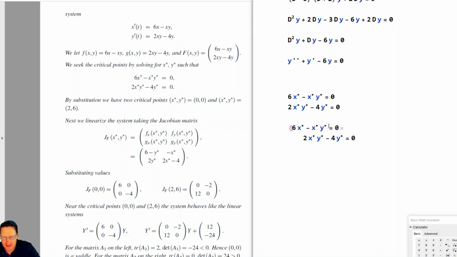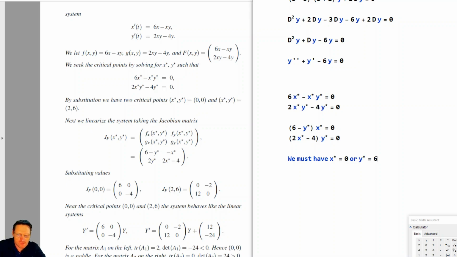So I'll factorize the x star out of the first equation, and we'll factorize the y star out of the second equation. Okay, let's write. We must have x star is 0 or y star is 6, from the first equation, we must have this.